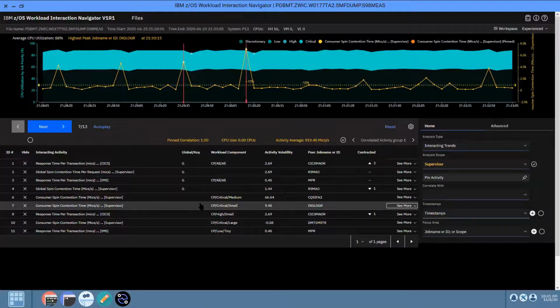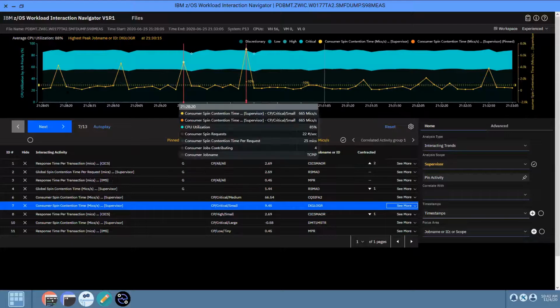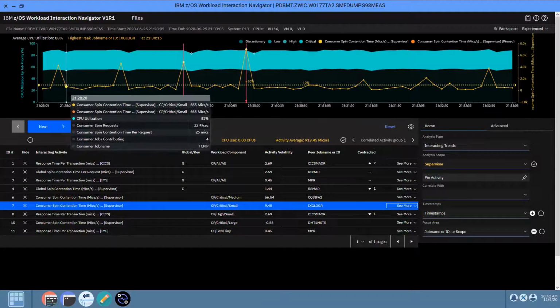So basically, through navigator analysis, we were able to quickly identify the workload components that are interacting for this particular performance problem. We saw it right in the data, in the first correlated activity group. First we had CPU utilization valleys.